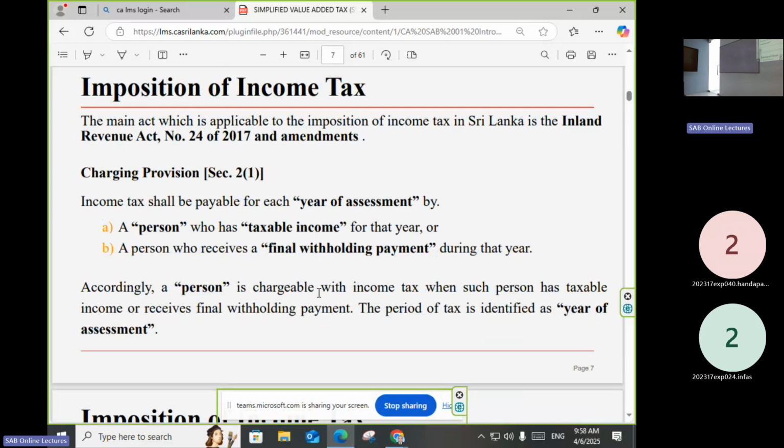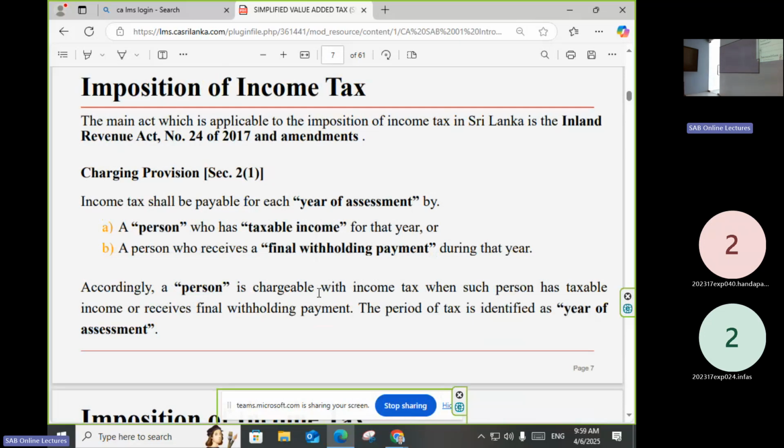Listed companies publish their 3-month statements. But tax is always for a year of assessment, remember.